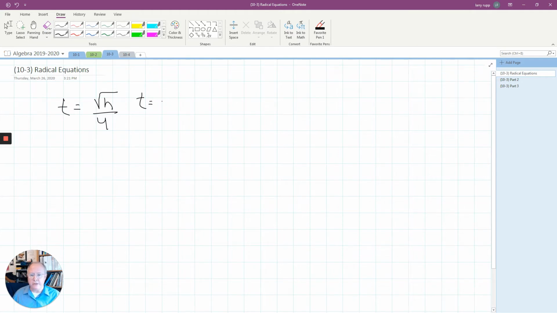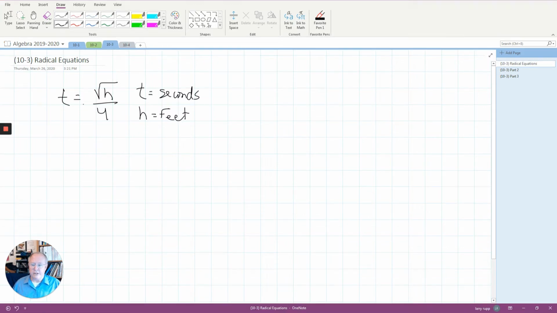So t is in seconds, and h is in feet. And t equals the square root of h over 4 is a radical equation because there is a radicand in the numerator of this. So this makes this whole thing a radical equation.